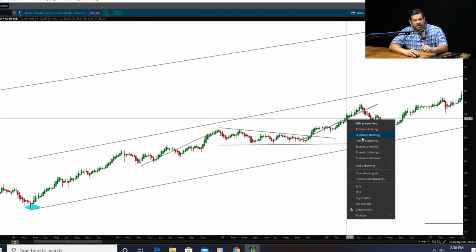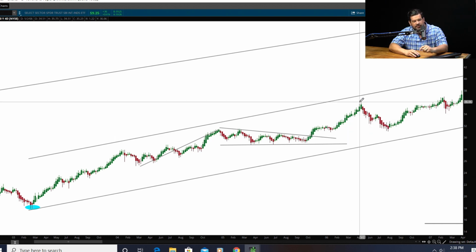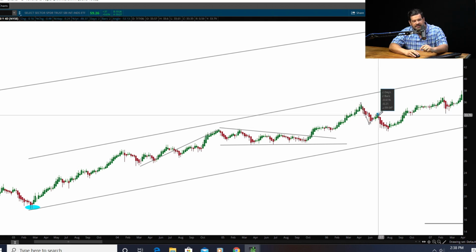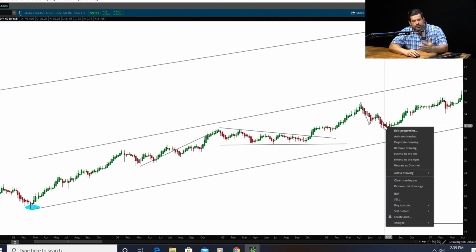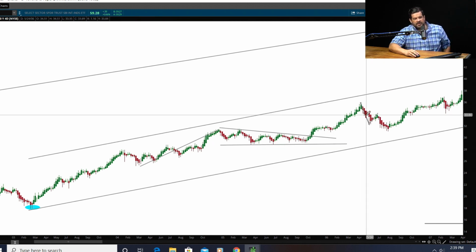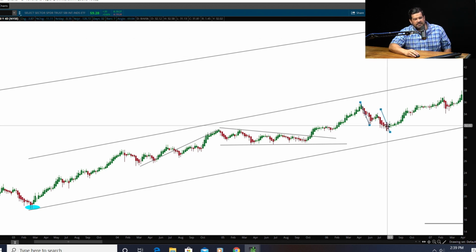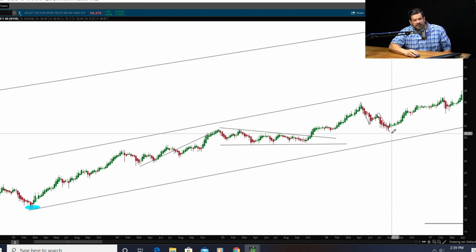Now, if we were to look and say, well, what is this next move? We actually have an ABCD pattern. So here's an A to B, B to C, C to D. And usually an ABCD pattern is symmetrical. So let's just take the duplication and see where price comes in. We're pretty close. It came down a little bit.